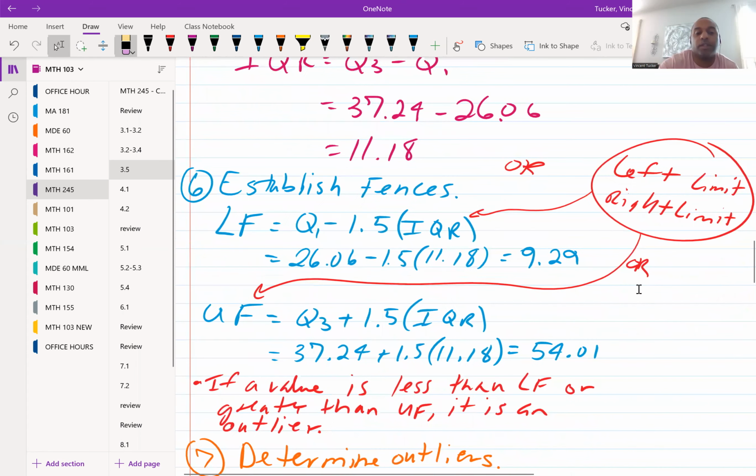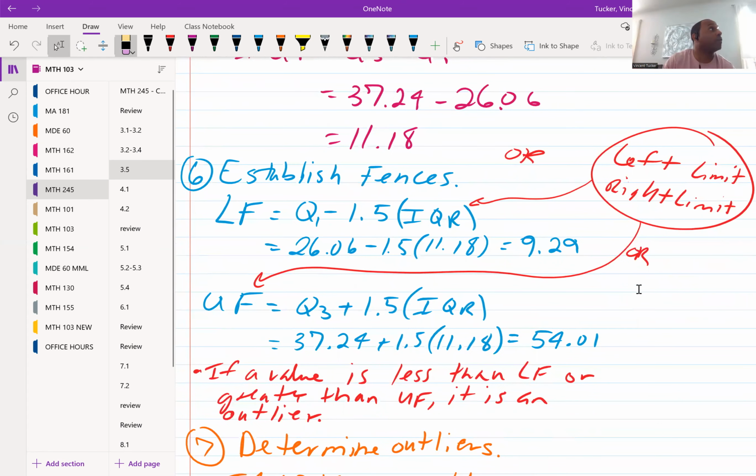Then a red statement just to reaffirm what we know our fences to be: if a value is less than the lower fence or greater than the upper fence, it is an outlier.